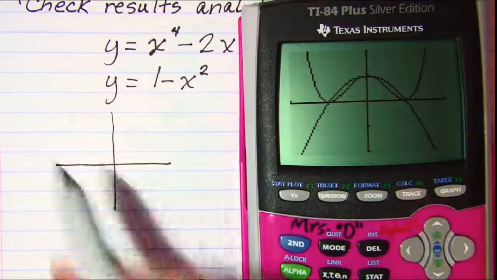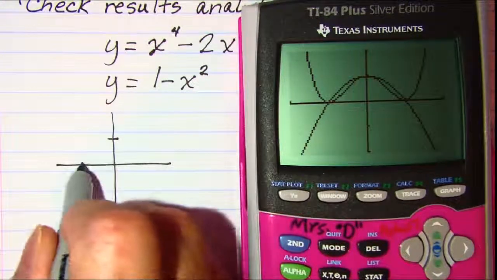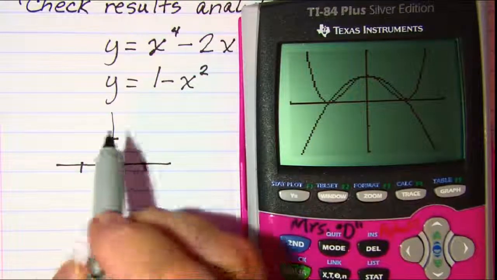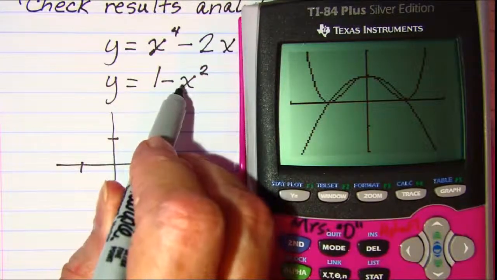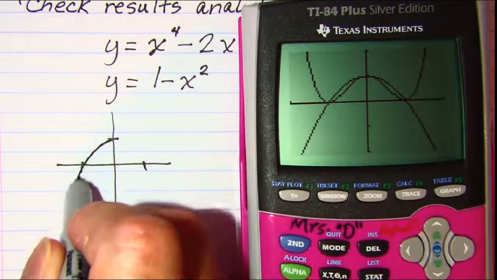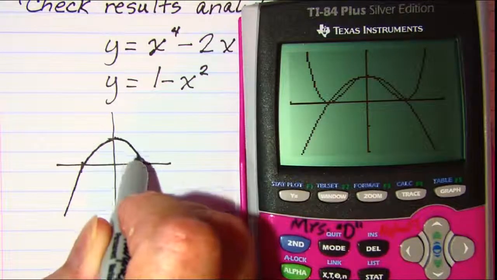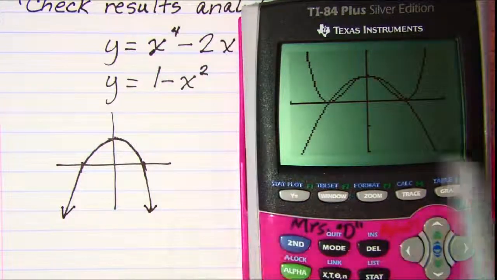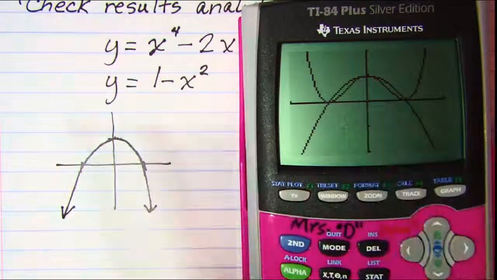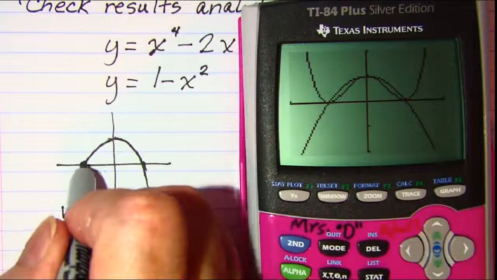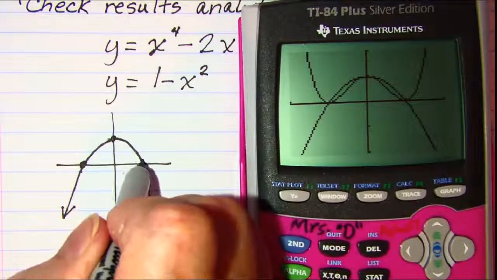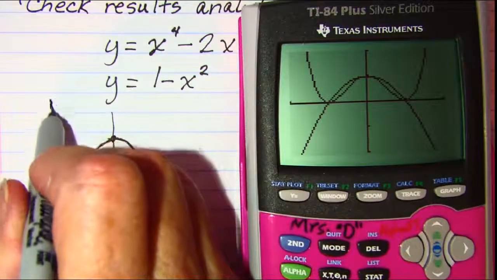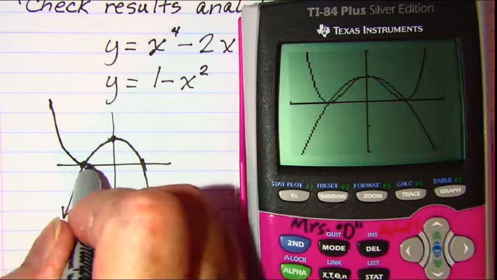looking at your calculator. So here's 1 and negative 1 and positive 1. So this parabola looks like this. And then my other one is the one that's below here. He's going to go through these points, and he's coming down like this.